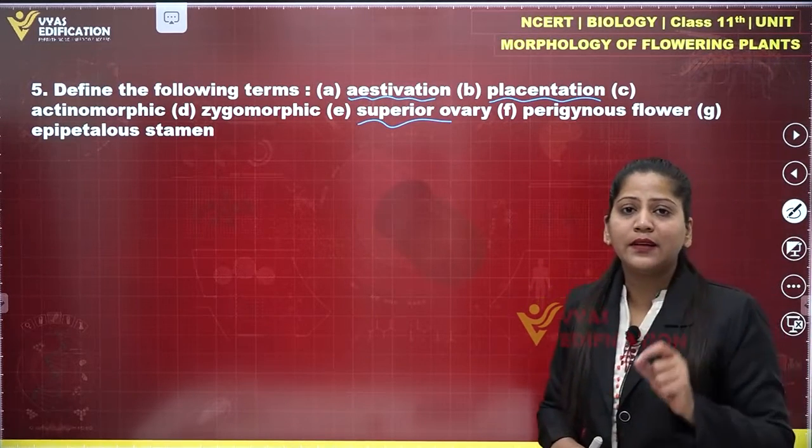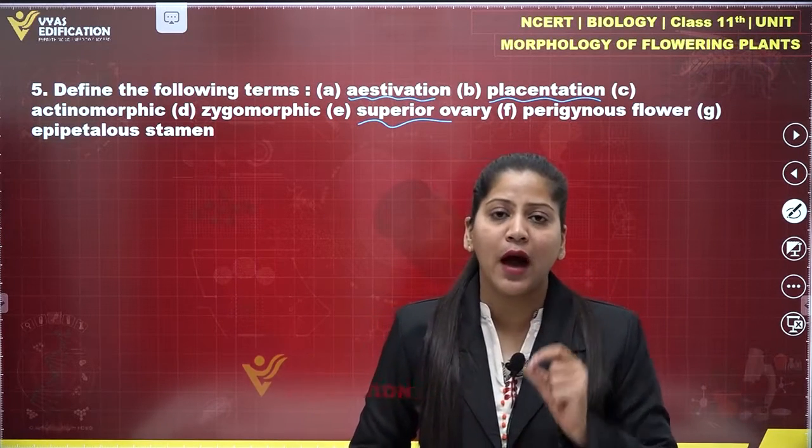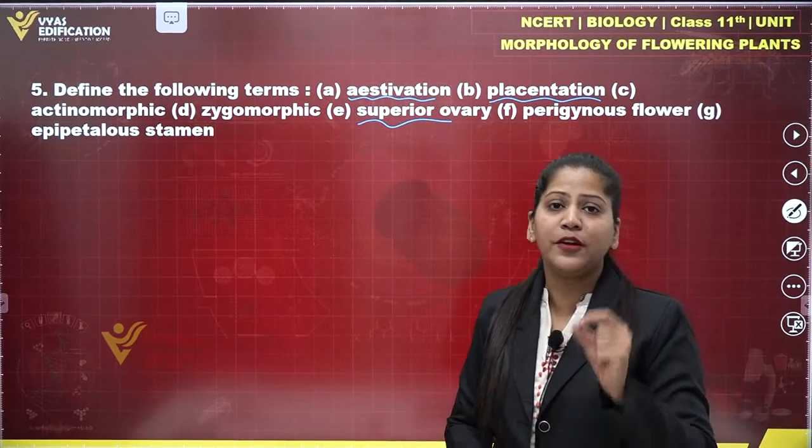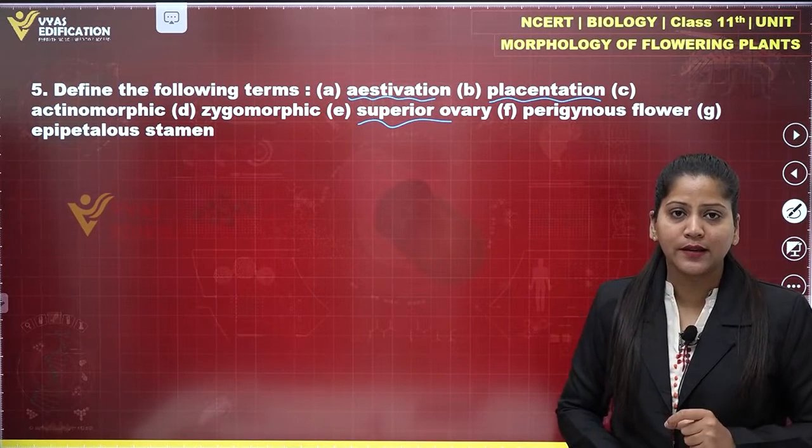This kind of arrangement of the ovary in a flower is called hypogynous.